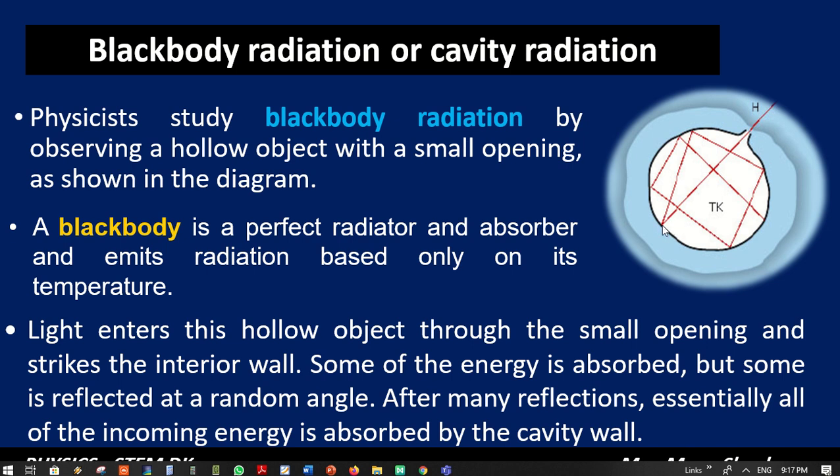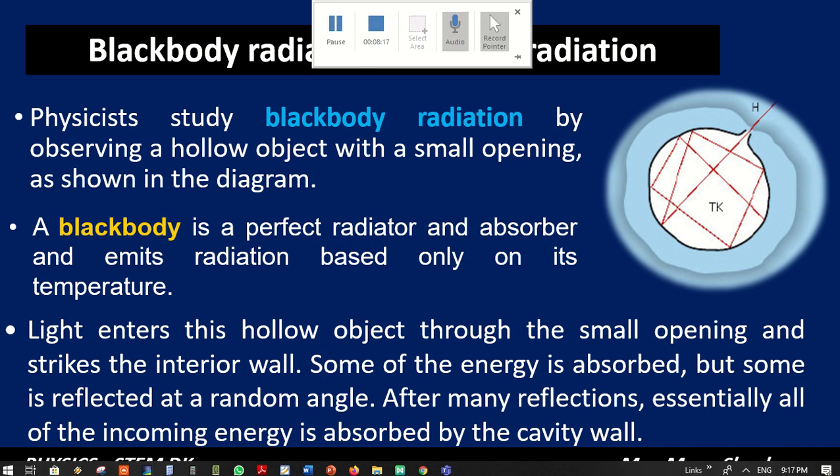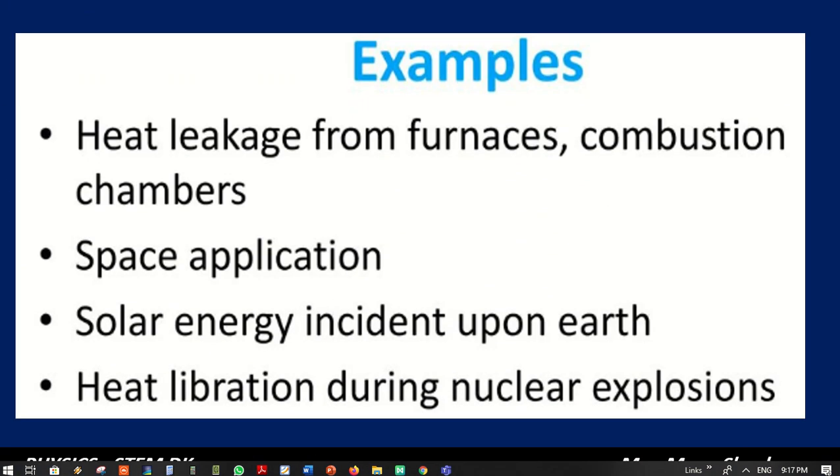Some of the energy is absorbed and the rest is reflected. After many reflections, all the incoming energy will be absorbed inside the cavity wall. Examples of that: heat leakage from furnaces, chambers, space applications in rockets, solar energy incident on Earth, and heat liberation during a nuclear explosion.